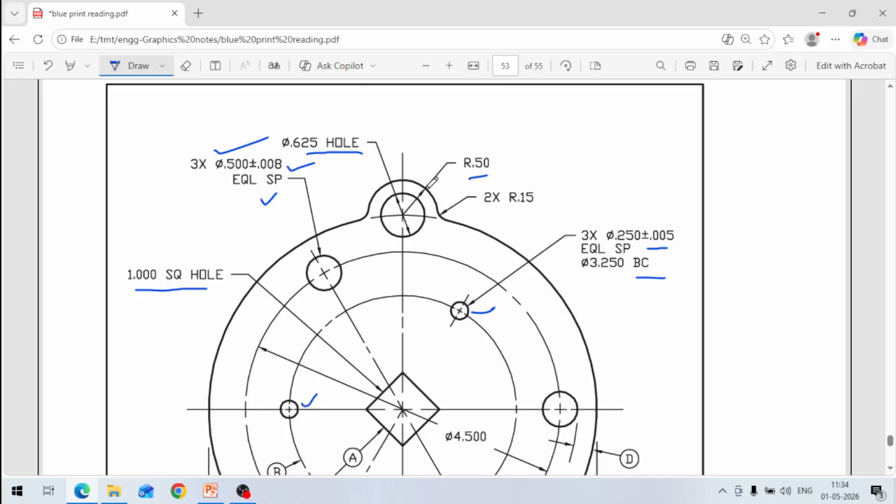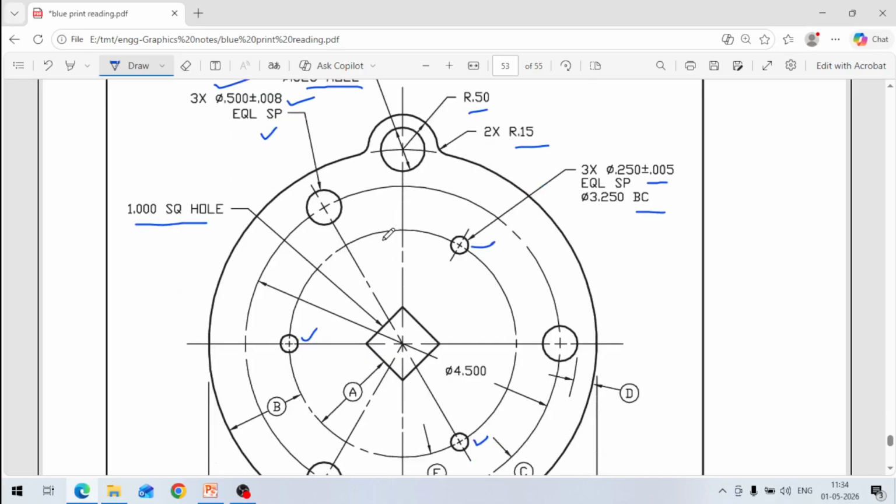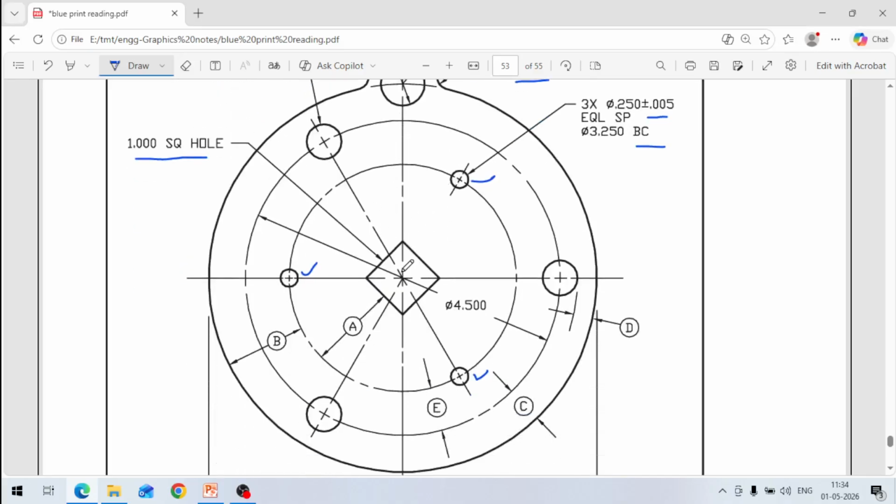The outer radius is given here like this, and there are two radii 1.5, one on this side, the other on this side. This fillet radius is there. So all the dimensions are given like this.